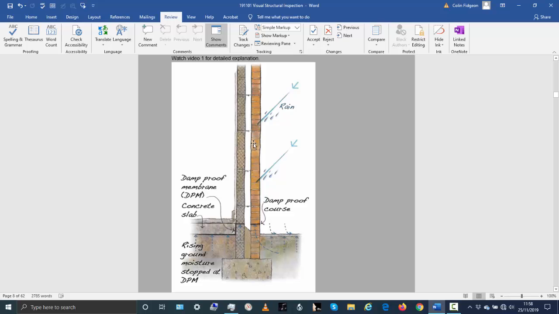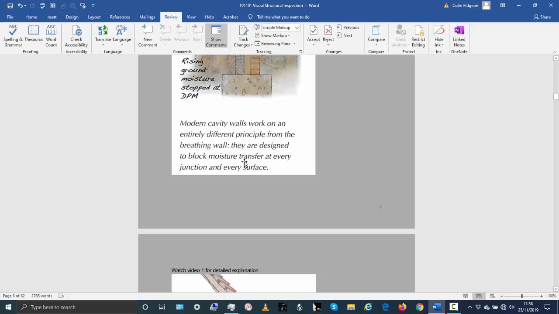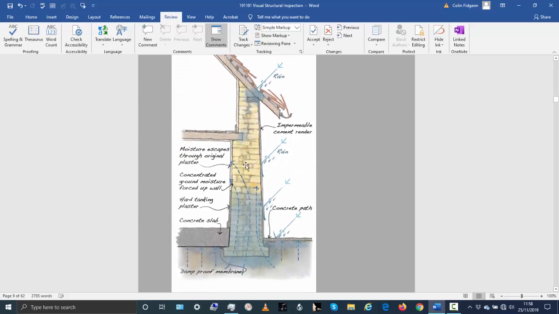Now, the problems can arise when someone comes along with an old stone wall and they modify the wall in some way and cause problems so that it can no longer breathe the way it's supposed to.